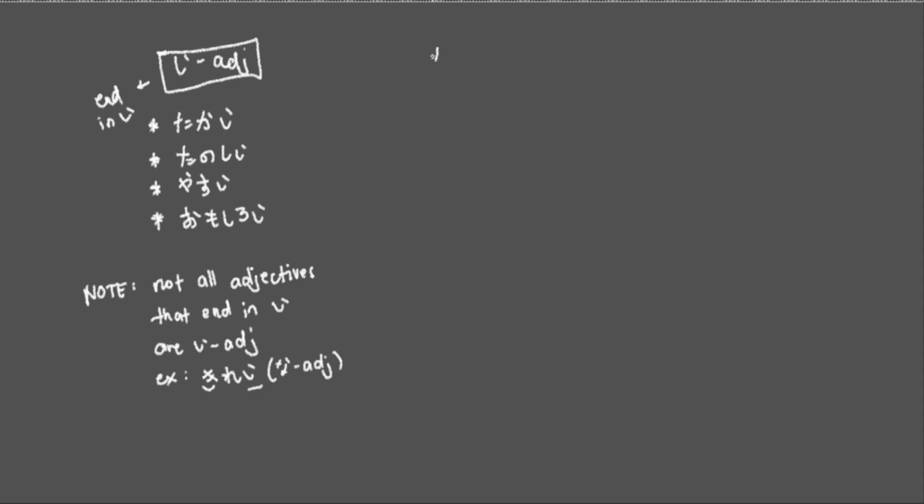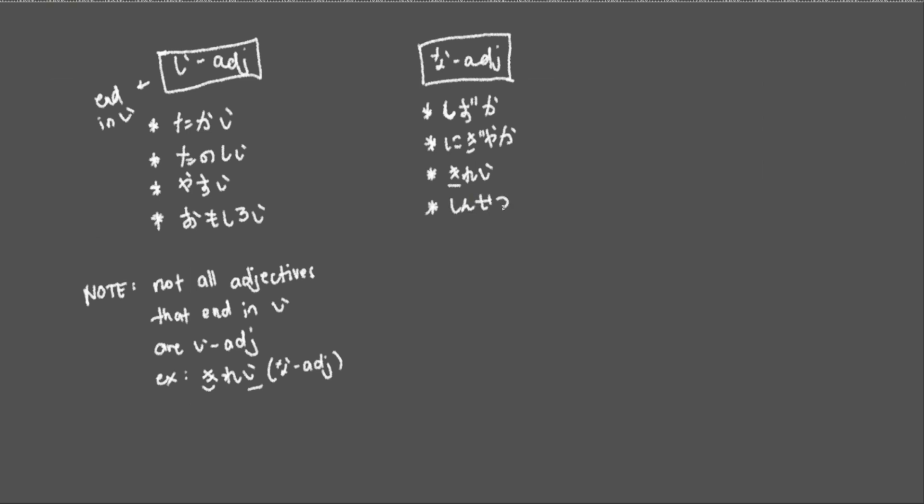And then we have na adjectives, right? For example, we have shizuka, nigiyaka, and of course kirei, and shinsetsu, and so on and so forth.